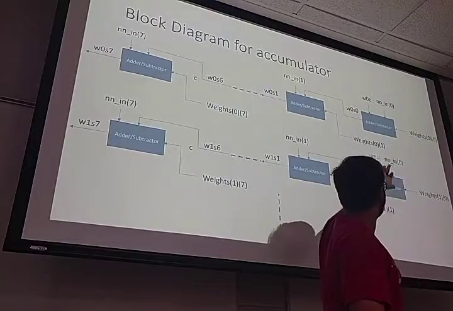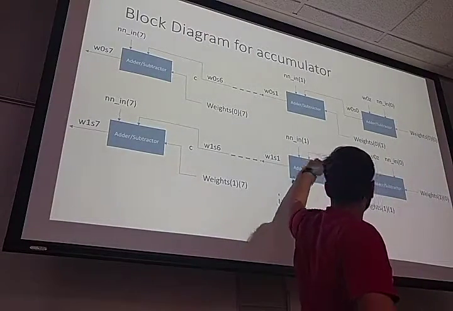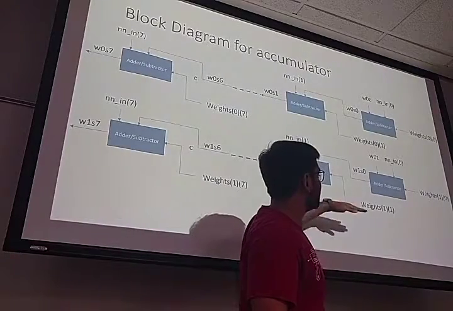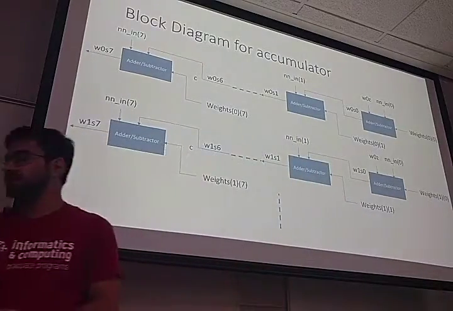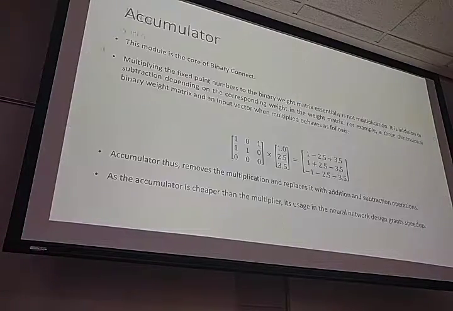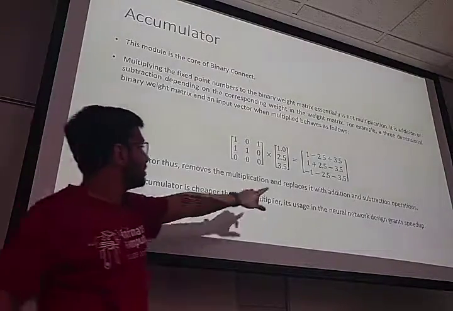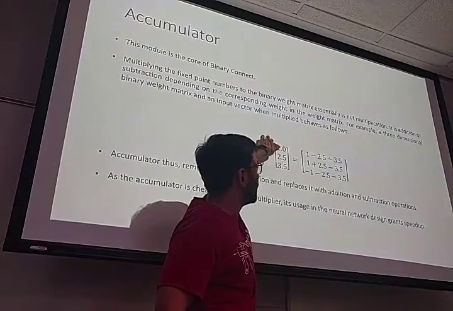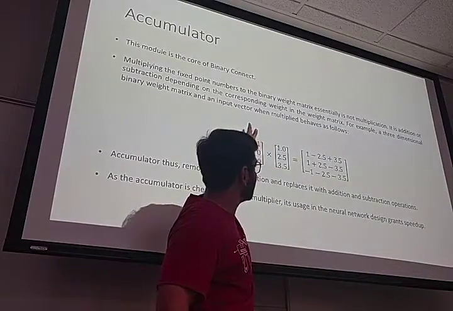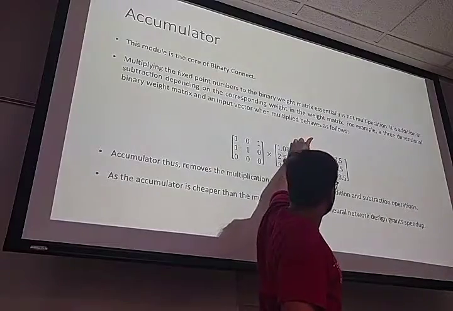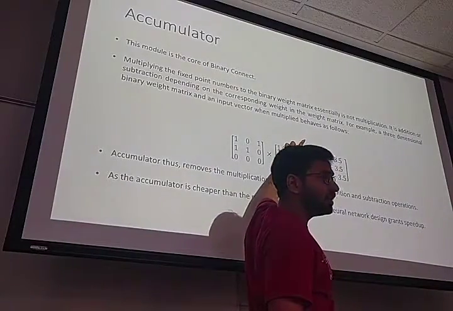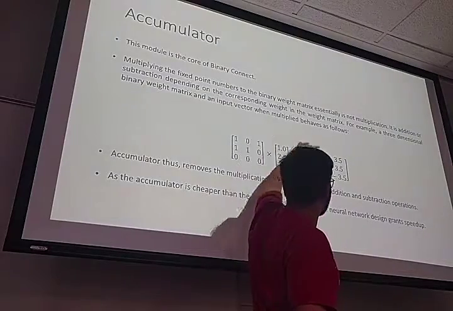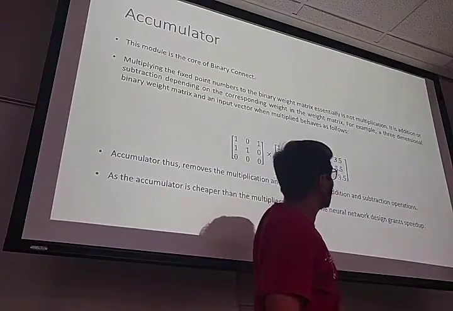This comes here, the resultant is passed to another adder, and then the second index in the input vector comes in, like here. So these are the weights. This comes as the intermediate weight result, and then this is passed to the next adder, getting 2.5.